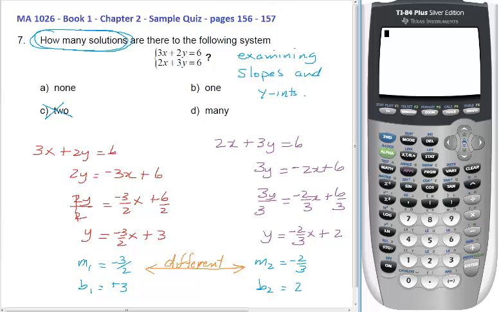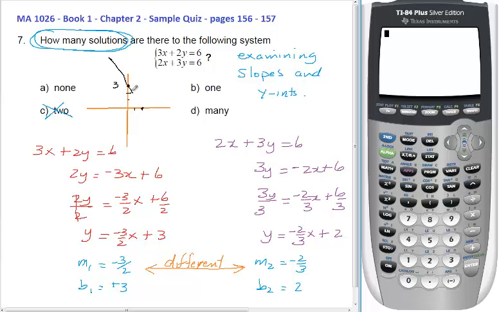So what we have is a situation like this. Let me do a quick sketch of this for you. If we have our grid here, and we're going to graph these lines, notice I have a slope of -3 over 2 for the first one, so go down 3 and over 2, or up and to the right, same thing, remember?